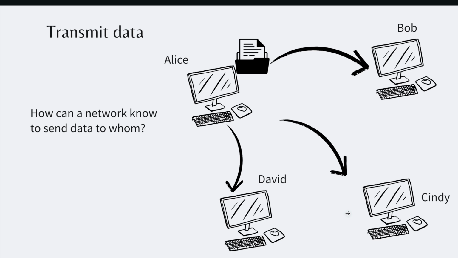How can the network know whom to send the data to? The answer is we can use the packet. First, we can put the data in a packet and fill in some information. Then the network will know where to send the data.